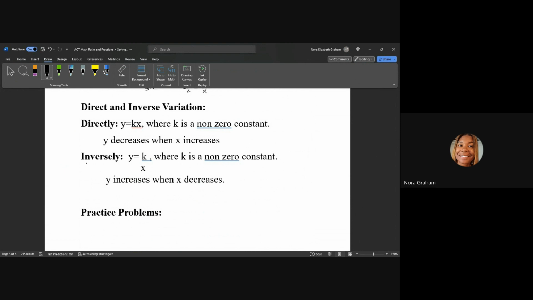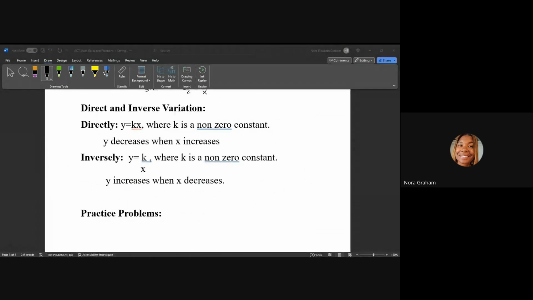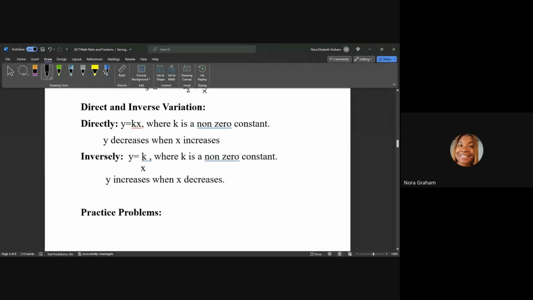And then another thing to remember is inversely. y equals k over x, where k is a non-zero constant. And for this one, y increases when x decreases. But again, we'll do an example with variation to see what those look like.